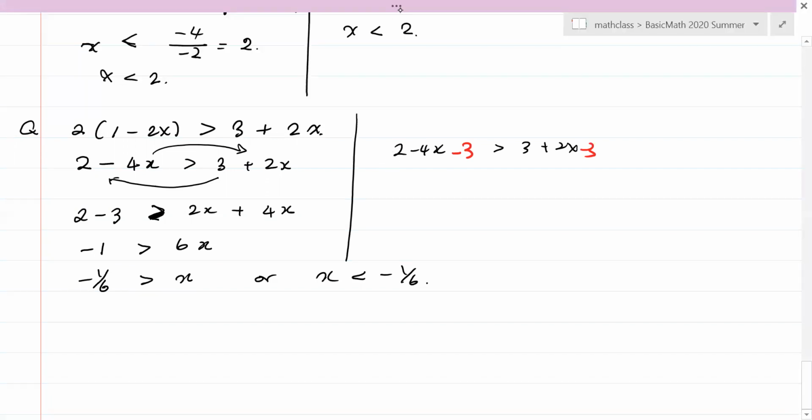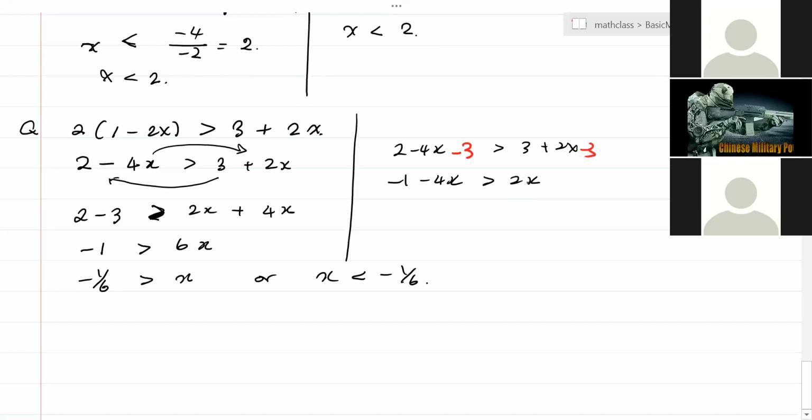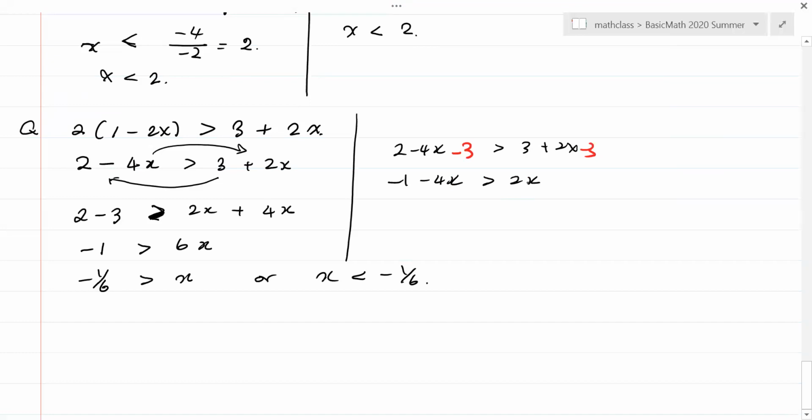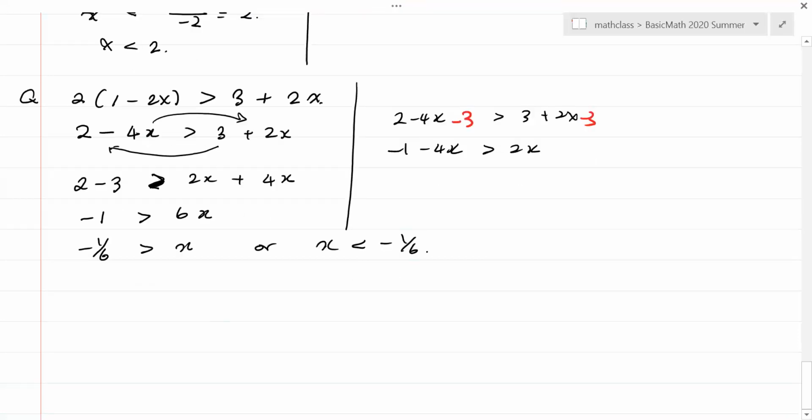So that's why you get negative 1 minus 4x greater than 2x. Okay, got it. So yeah, the original rule just tells you to subtract the same term from both sides, or add the same term to both sides. And we never say move the term across inequalities. Okay, but actually what they're doing here is similar to that, but don't forget to change the sign whenever you move the term across the inequality. Okay.